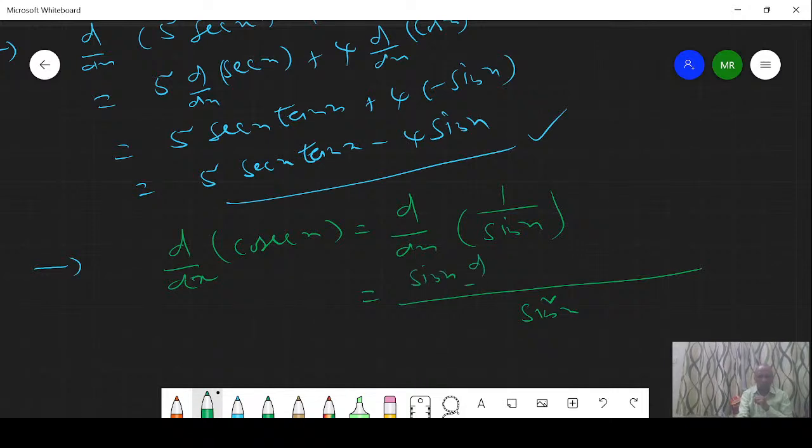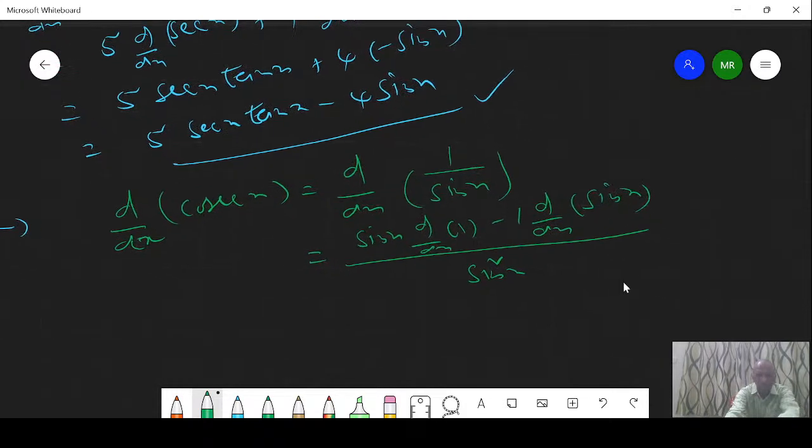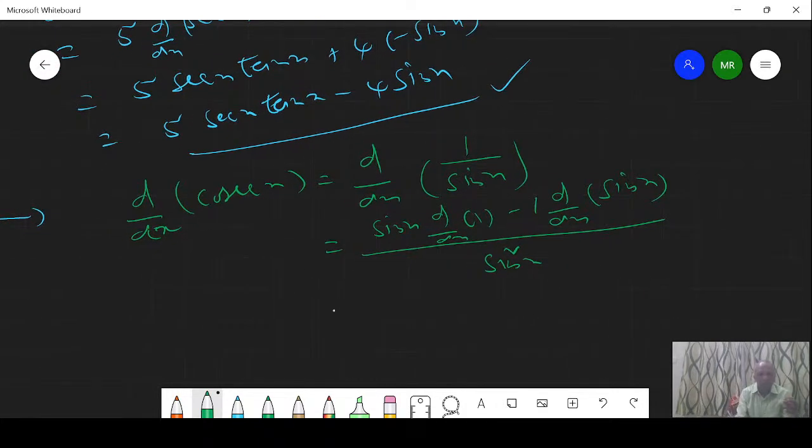Sin x into d by dx of 1, minus 1 into d by dx of sin x. I am using the quotient rule. The denominator is sin square x.